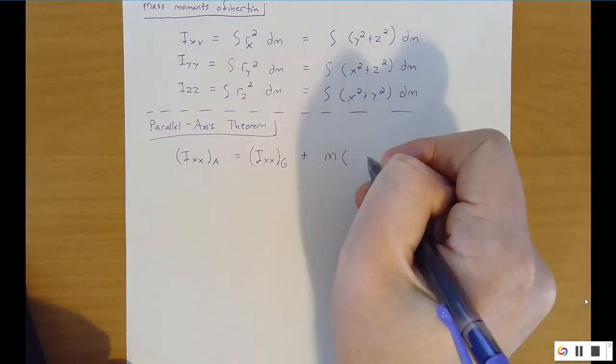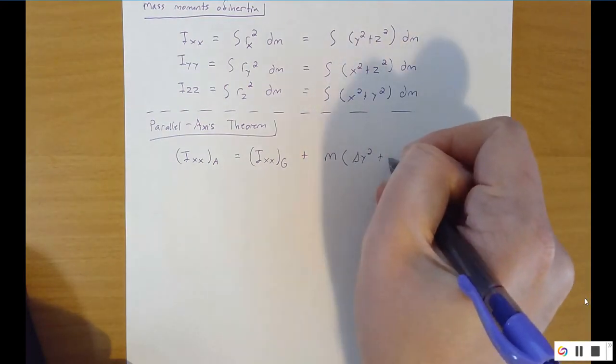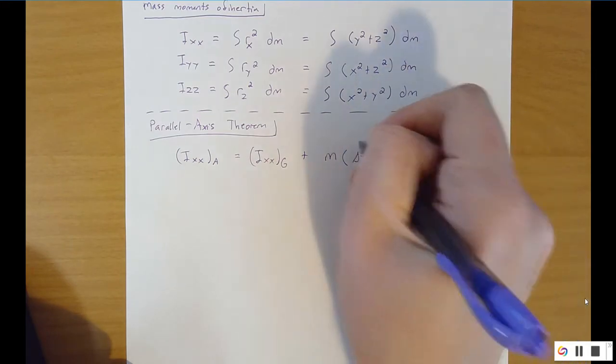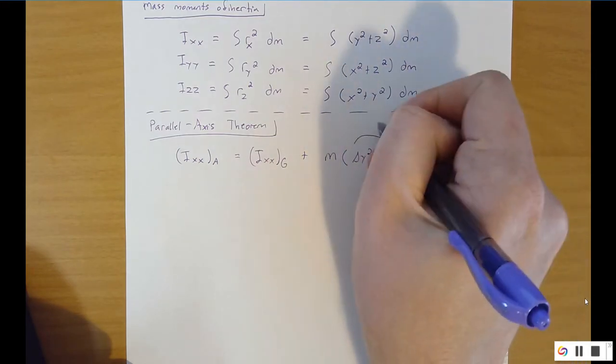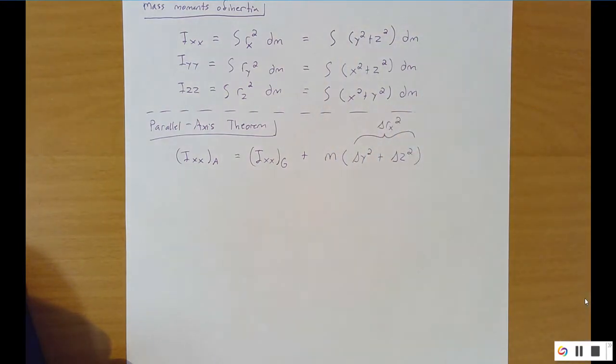So we would do delta y squared plus delta z squared. And if you put that together, you'll get delta Rx squared. Okay. So again, I'm going to write out the other two for yy and zz and be right back.